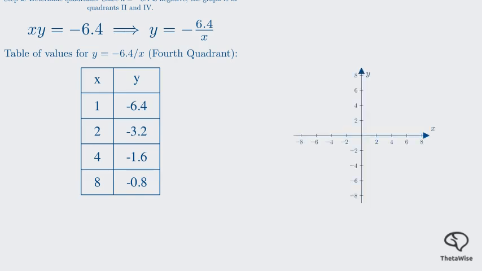Now, let's plot these points on our coordinate plane. Remember, the asymptotes are the x and y axes. Plot the points 1, negative 6.4, 2, negative 3.2, 4, negative 1.6, and 8, negative 0.8. Sketch a smooth curve through these points, making sure it approaches the x and y axes. To complete our sketch, we need the branch in the second quadrant. We'll use symmetry to find its points.